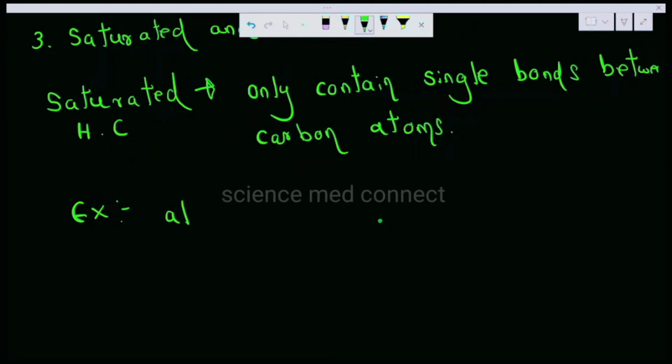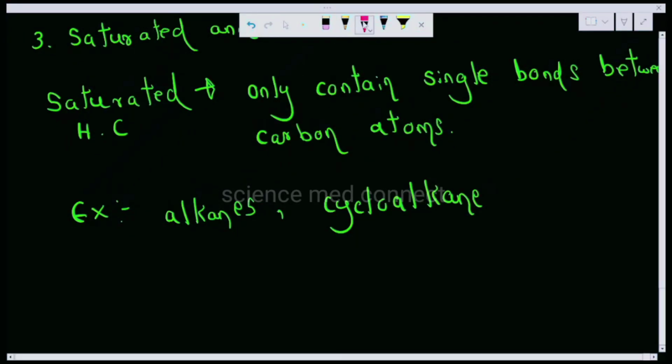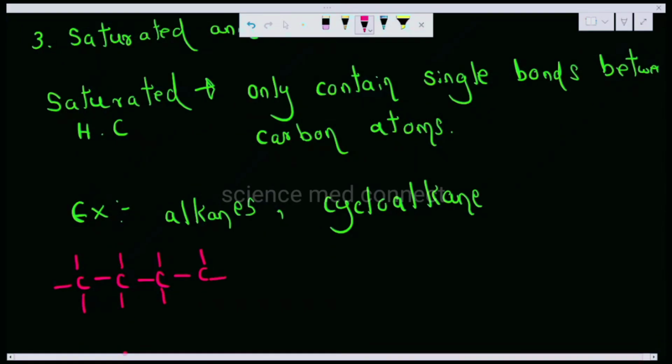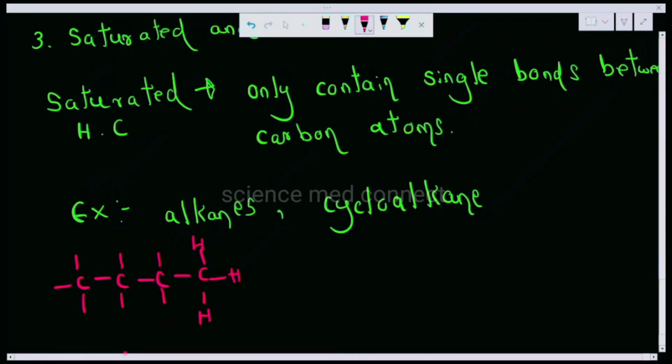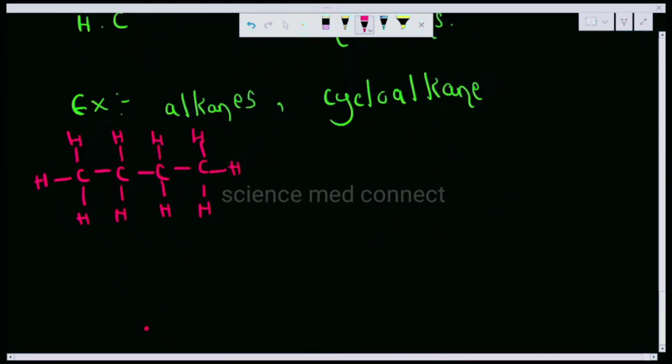Okay, now let's see examples for saturated hydrocarbons: alkanes and cycloalkanes. Let's see an example for alkane. This is butane. You can see the structure of butane only contains single bonds between carbon atoms.